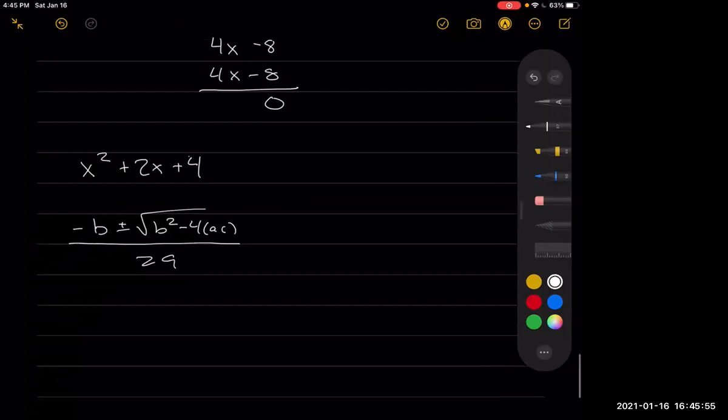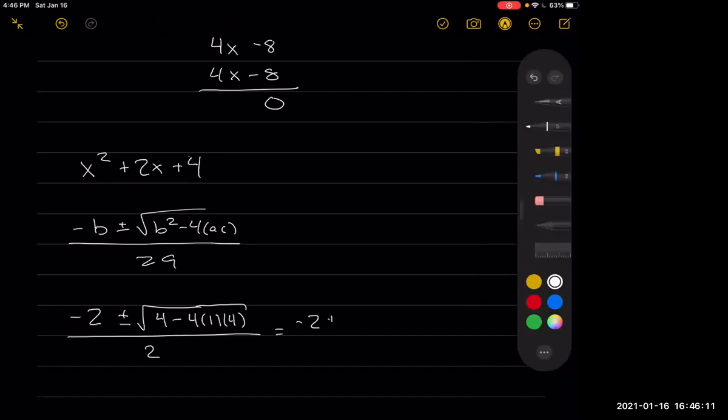So then writing it out, we'll get negative 2 plus or minus the square root of 2 squared is 4 minus 4 times 1 times 4, all over 2. So this will equal negative 2 plus or minus the square root of 4 minus 16 over 2.